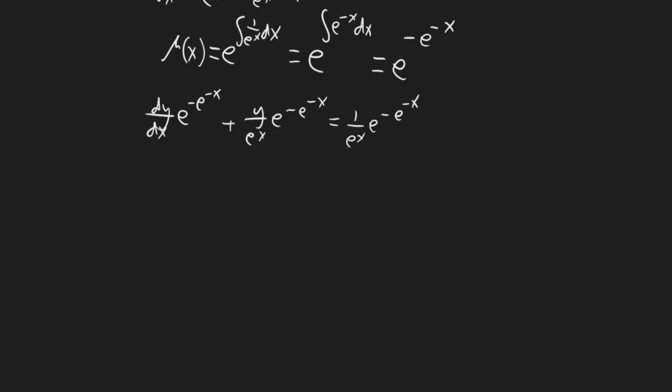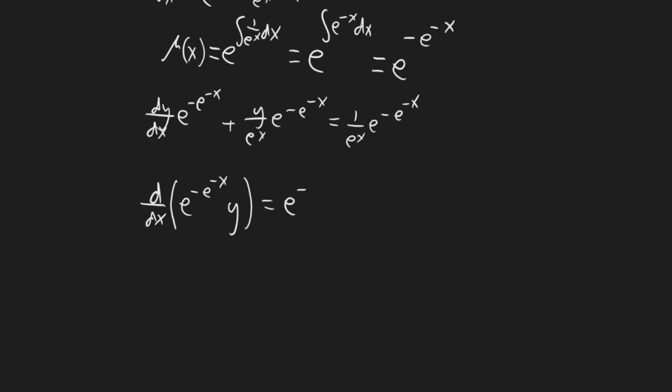And so now we just need to undo the product rule here. And so this is always the case. So it'll be the derivative of the integrating factor, in this case e to the negative x, times the variable you're solving for. So here that's going to be y, because we're interested in y. So this will be equal to the same right side, so the right side didn't change at all.